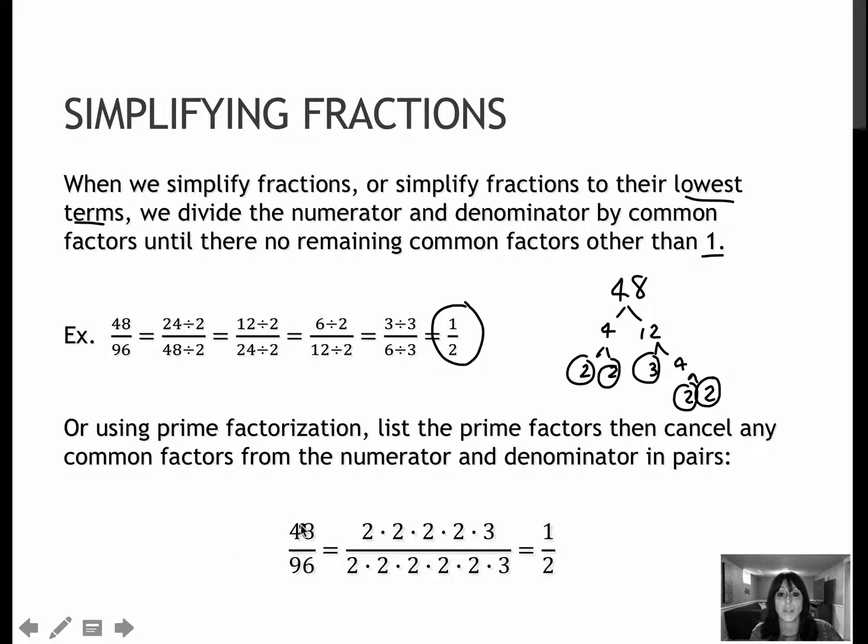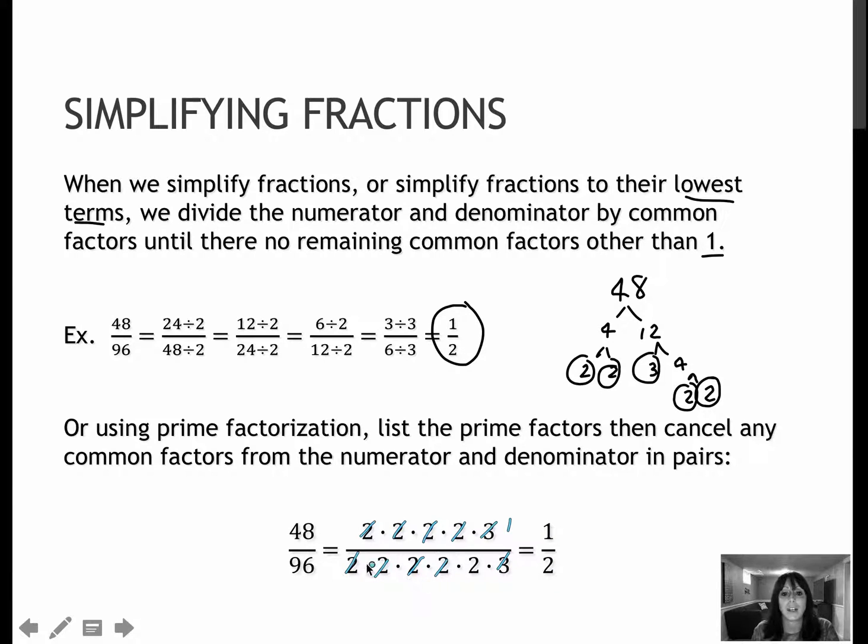Now what I'm going to do is cancel any common factors. So I can cancel 1 pair of 2's, and 2 pair of 2's, and 3 pair of 2's, and 4 pair of 2's, and a pair of 3's. Now on the top, everything has gone away, but I don't want to write that as 0, because if I took 3 divided by 3, I would get 1. So really there's just a 1 left over on the top.